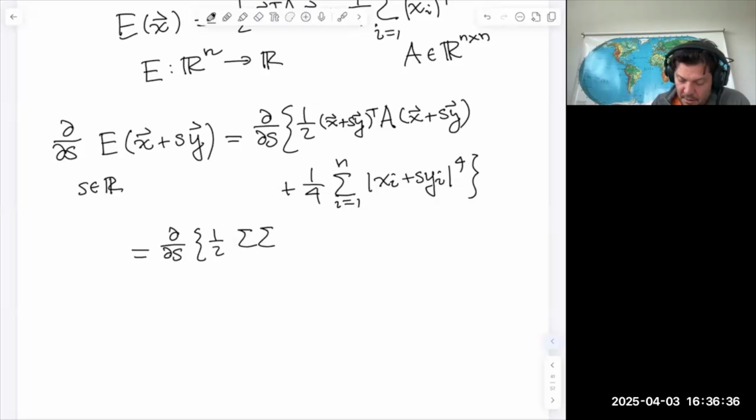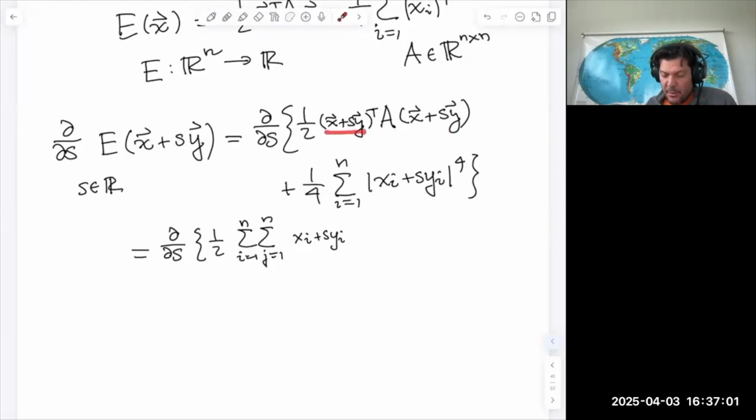Sum i equals 1 to n, j equals 1 to n, x_i plus s y_i. Okay, so now what is the derivative? Or sorry, what does this object look like here?